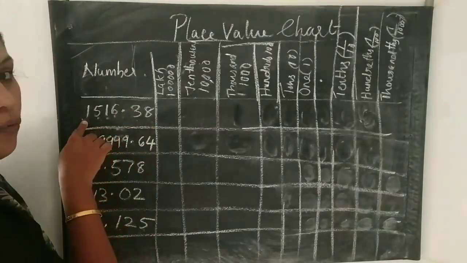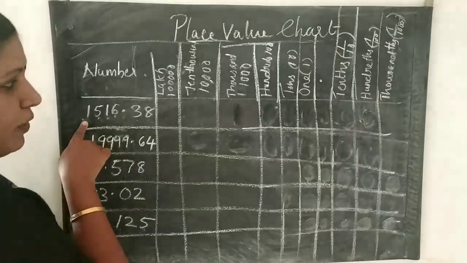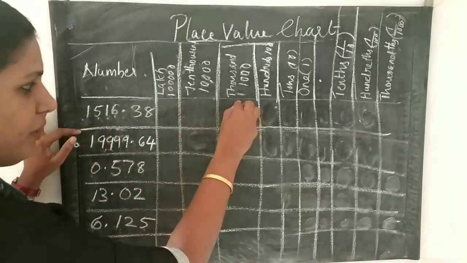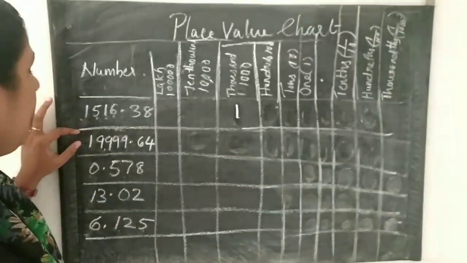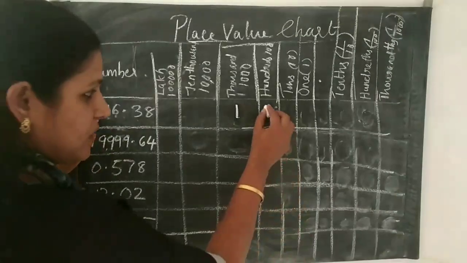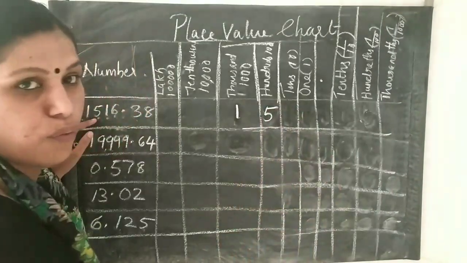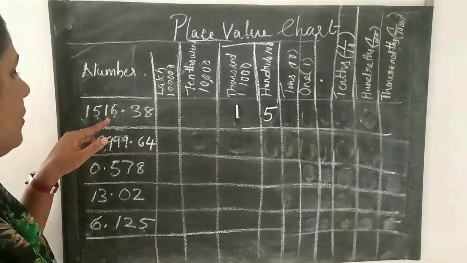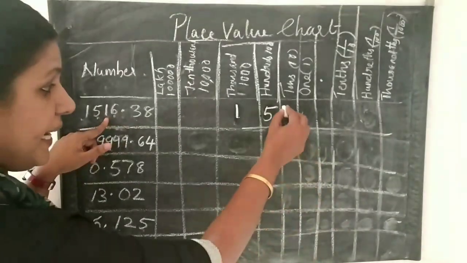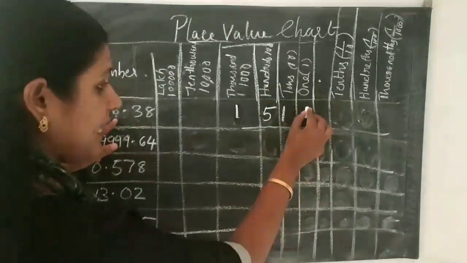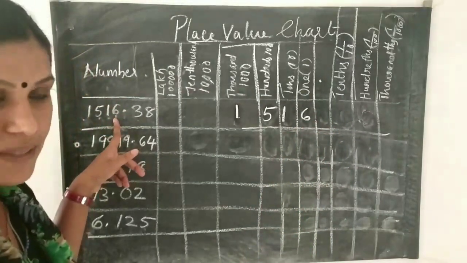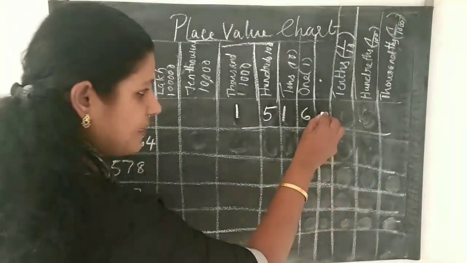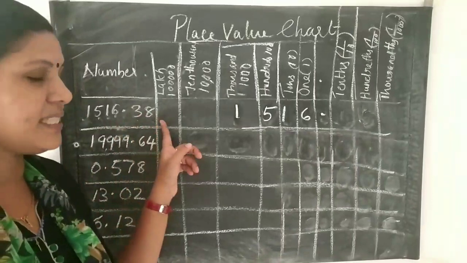This 1 is in the thousands place, so here we write 1. And 5 is in the hundreds place, so here we write 5. Now this 1 is in the tens place and this 6 is in the ones place, and put a decimal point here. And how to read this number?